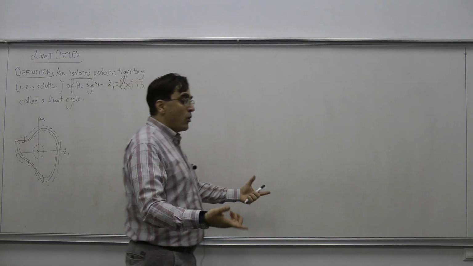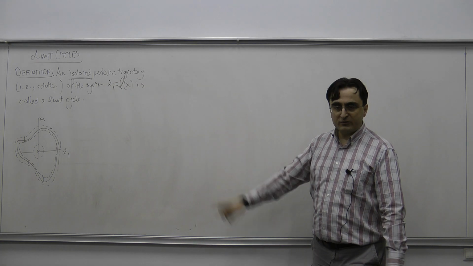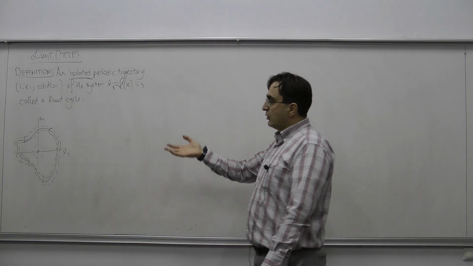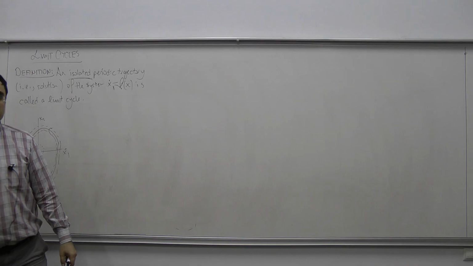If there is no other periodic trajectory in that neighborhood, then we call that periodic trajectory an isolated periodic trajectory.